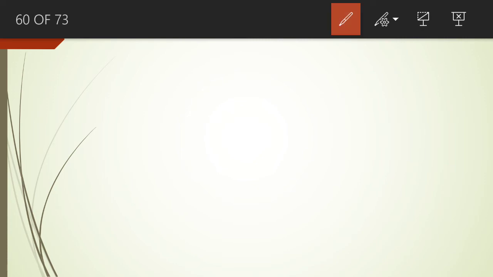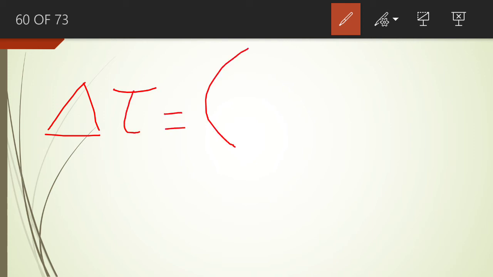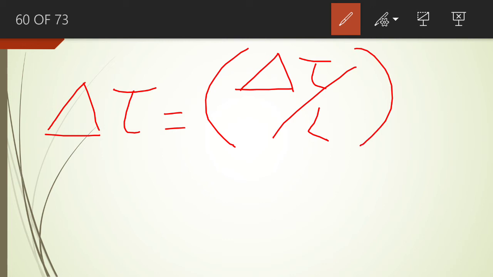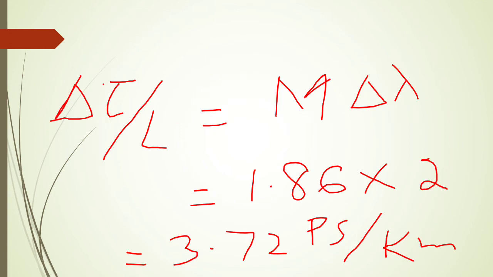So let us calculate the total pulse spread. The total pulse spread will be equal to the pulse spread per unit length multiplied by the length of the information channel, and the length of the information channel in this numerical example is 10 kilometer. So let us put the values.